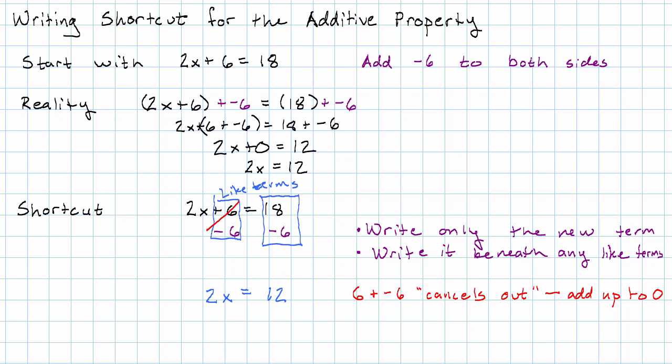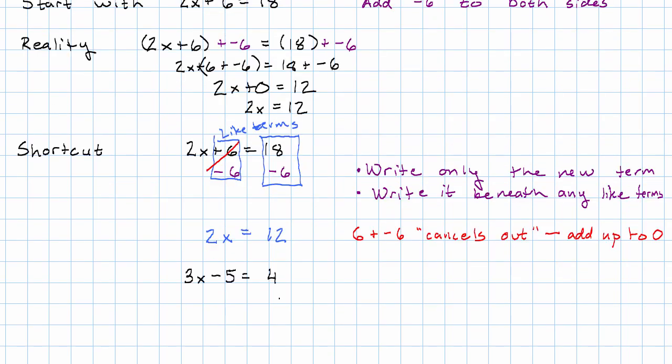Let's see another example of this shortcut. Let's say I had the equation 3x minus 5 equals 4, and I wanted to get rid of the negative 5. To cancel out a negative 5, I need a positive 5, so I'll write in the new term, positive 5. Again, I think those two quote-unquote cancel out, and so I'm left with 3x alone equals 9.